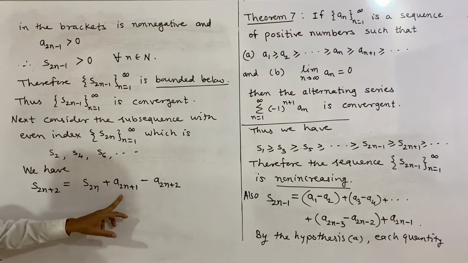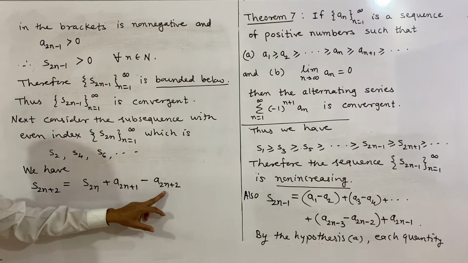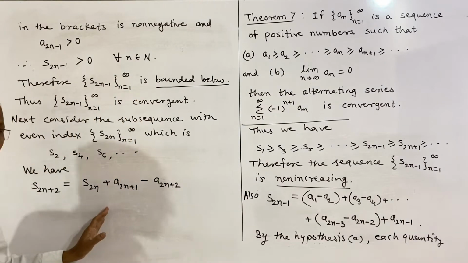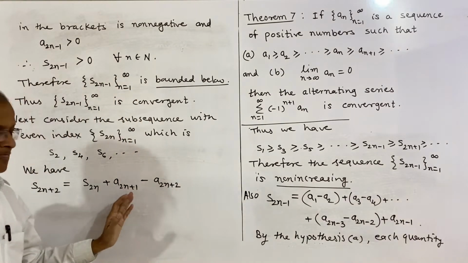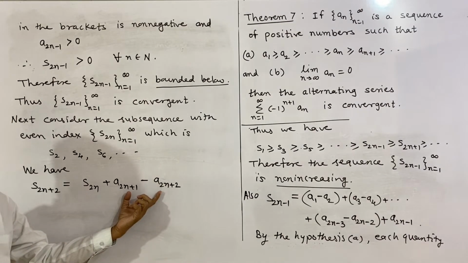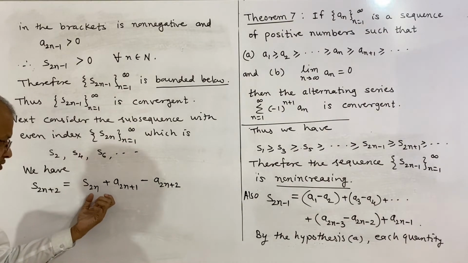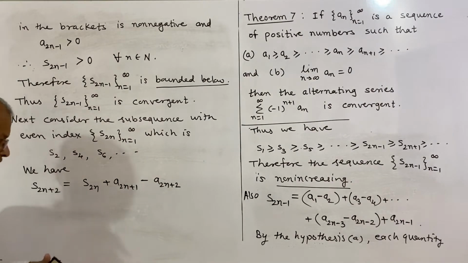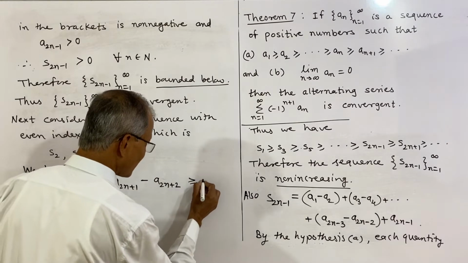Now this is greater than or equal to this one by this relation, A1 greater than or equal to the earlier term is greater than or equal to the next term, and therefore this quantity is positive, and S2n plus a positive quantity is certainly greater than or equal to S2n. So therefore this is greater than or equal to S2n.